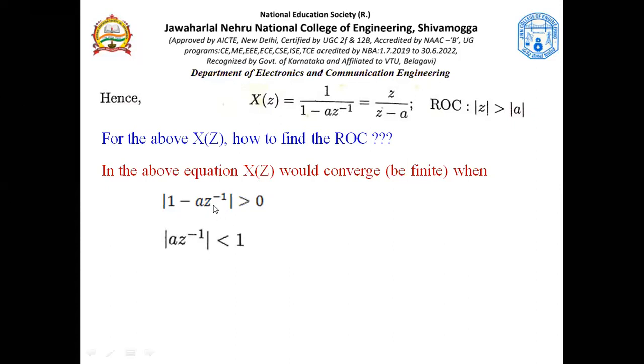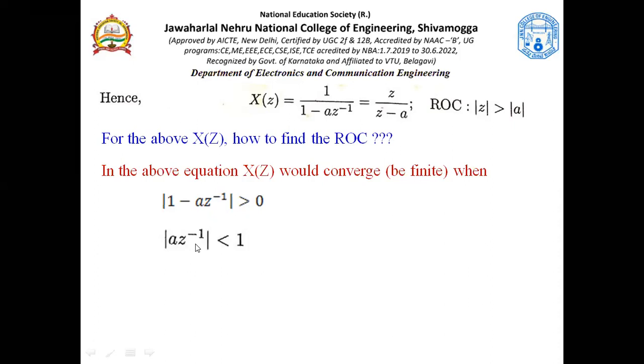How? You can send this az inverse to the right. You can read that as 1 is greater than az inverse, which also implies that az inverse is less than 1.